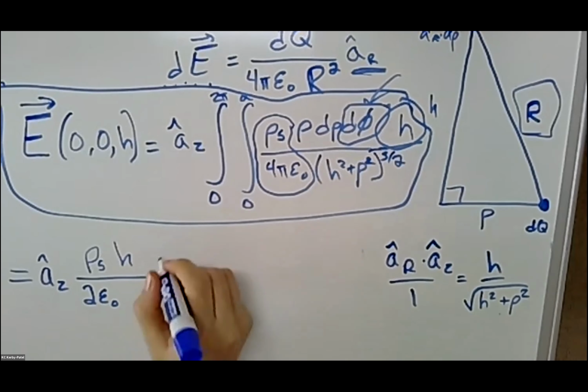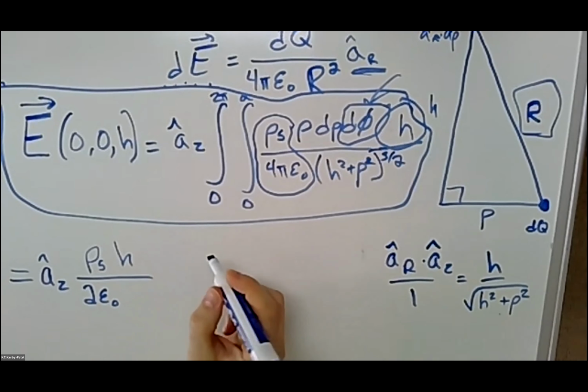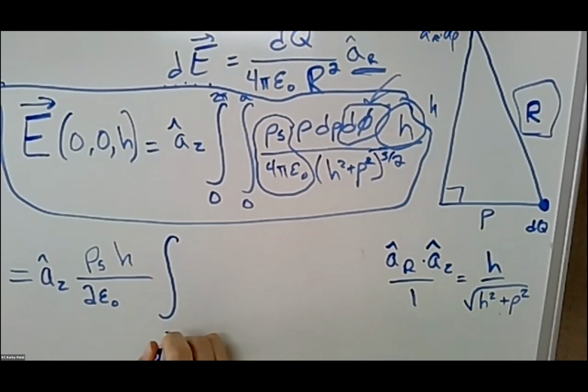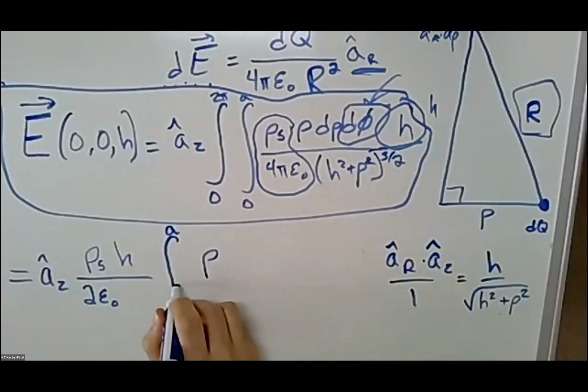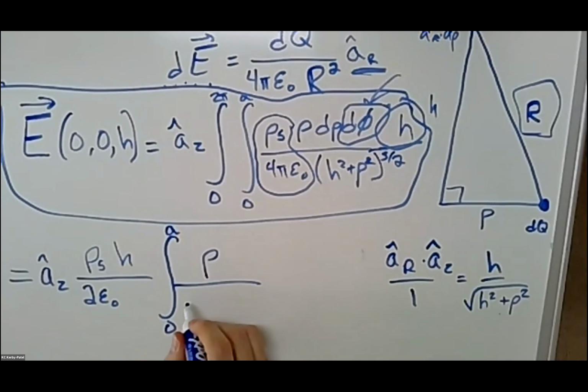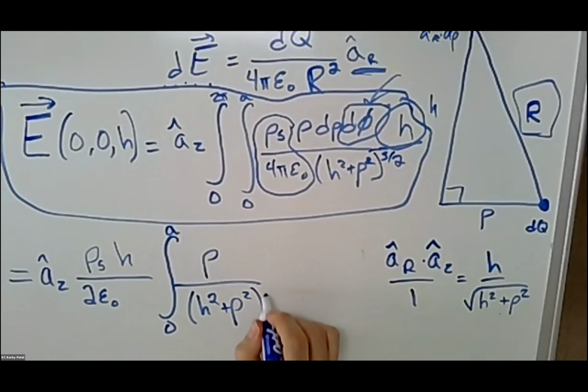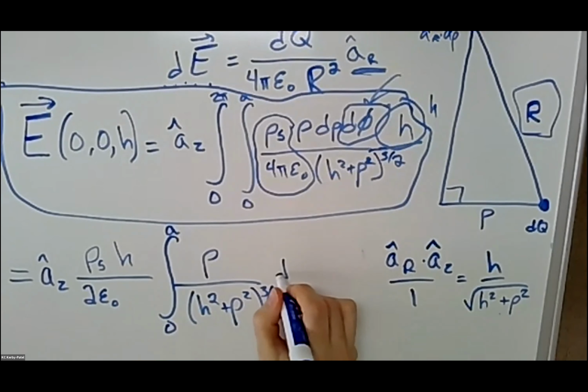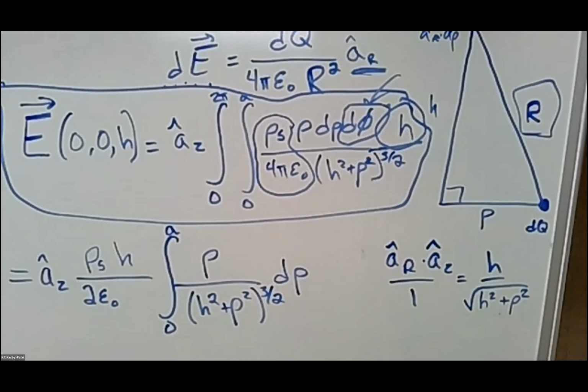Okay. Then we have some more complicated stuff, because what we have left is an integral from 0 to a of rho over h squared plus rho squared to the 3/2 d rho. This is not an integral that is easy to evaluate just by remembering its value, or by applying the various rules.